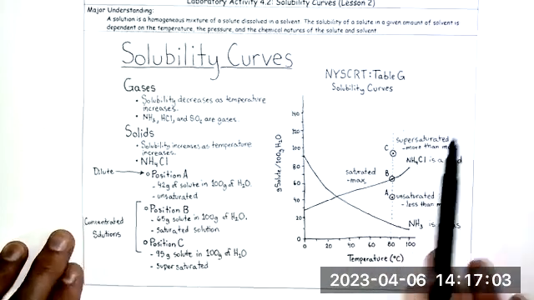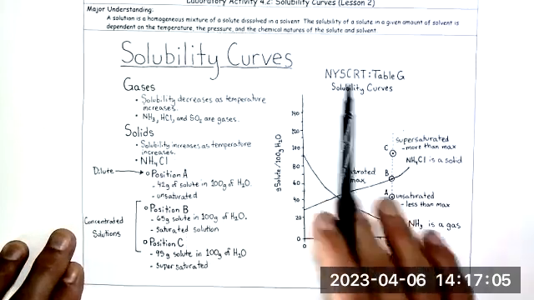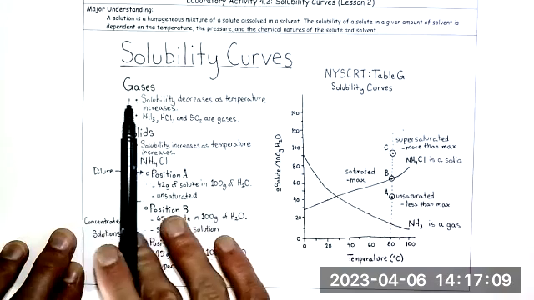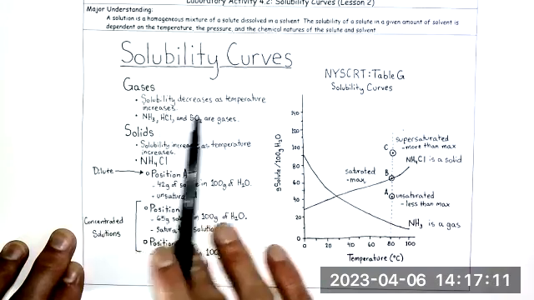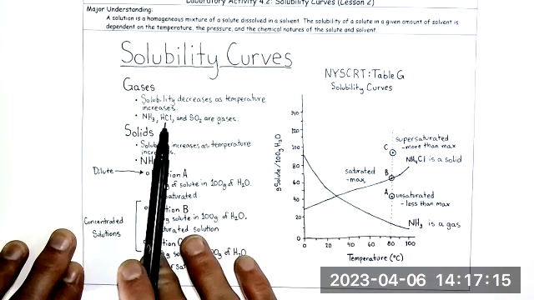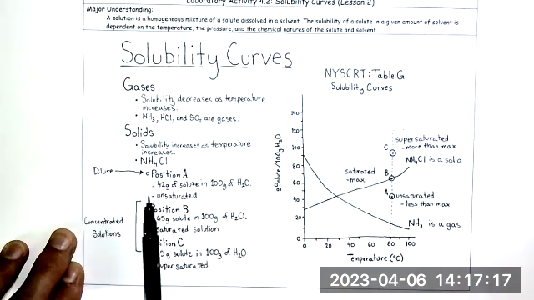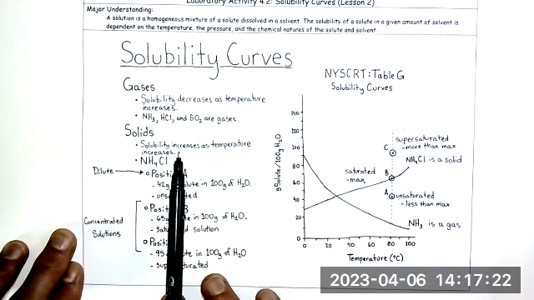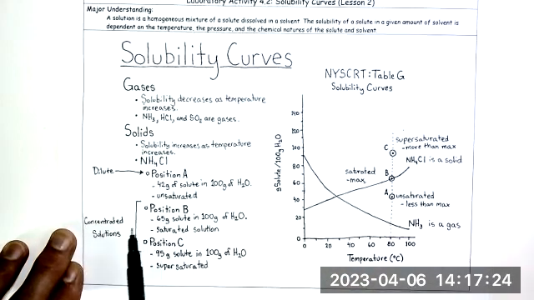Okay. And so today we talked about solubility curves. We talked about how gases show a decrease in solubility as temperature increases, and that on table G, NH3, HCl, and SO2 are gases. And then we also talked about how solids on table G show increase in solubility as temperature increases.